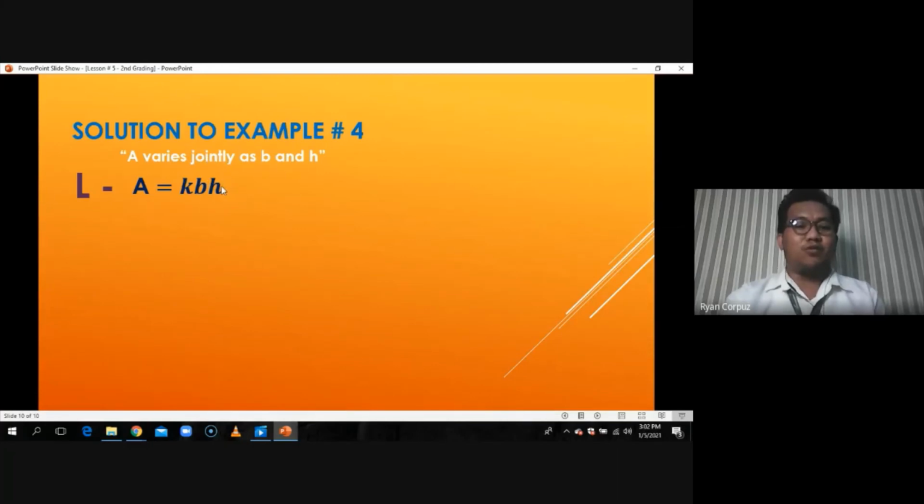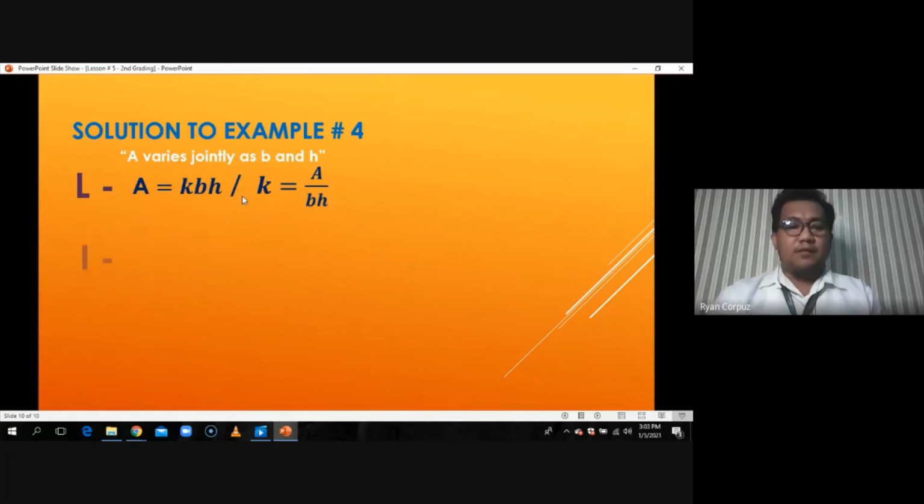So, dudugtong mo na lang yung another quantity. Ganun din kapag kinuha natin yung another translation in terms of K. Kung ano yung unang binanggit na quantity, ayun nasa numerator, tapos yung dalawang huling binanggit, ayun yung nasa denominator part. So, that will come up with K is equal to A over BH.